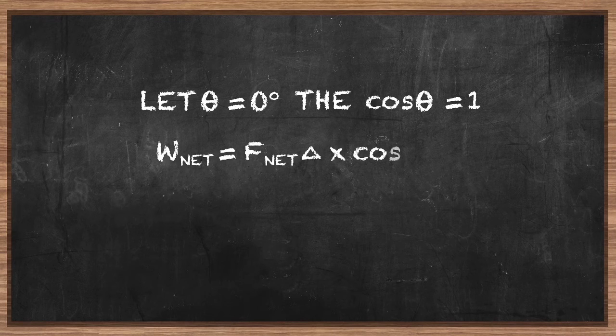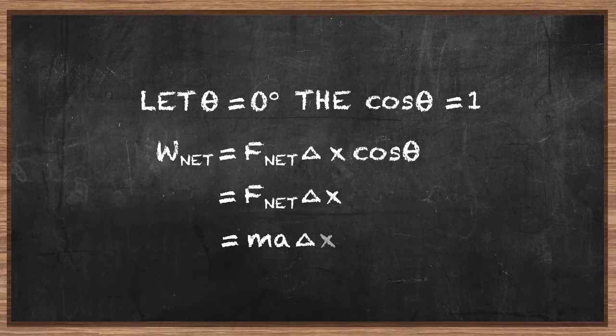Net work done is equal to the net force times the displacement times the cosine of theta, which is the product of the net force and the displacement. Using Newton's second law, we can change this formula to: the net work done is equal to the mass times the acceleration of the object times its displacement.